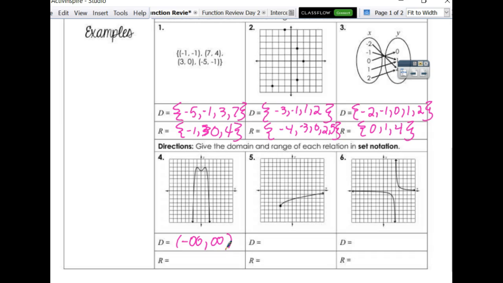Now, let me back up for a second. We have 3 ways we can do this. We can do inequality. So that gives us the inequality. That's what inequality looks like. We can do set notation.